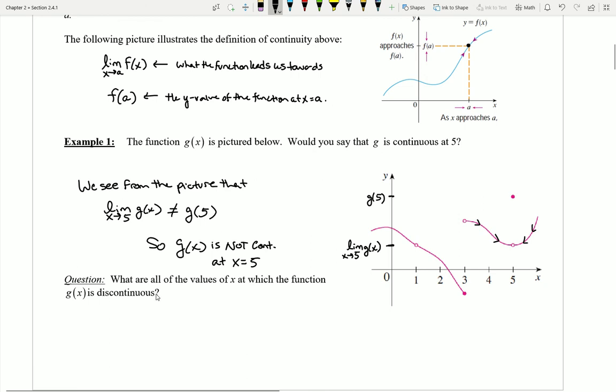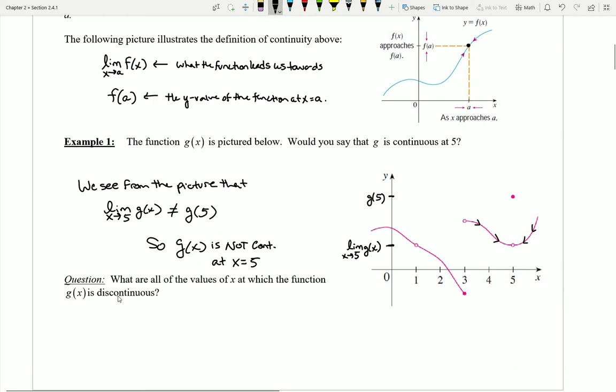So take a look here. We could ask, what are all of the different values of x where this function is not going to be continuous? We've already seen that g of x is discontinuous over here at 5. There's a problem. Where the path leads us is not where the dot is. The graph no longer looks connected, so it's not continuous.